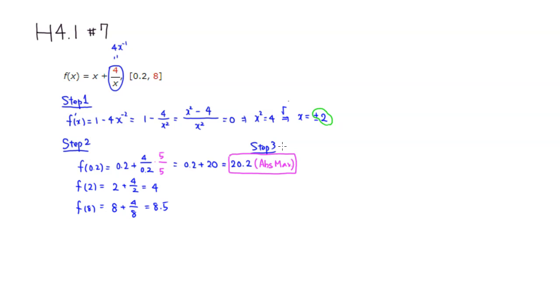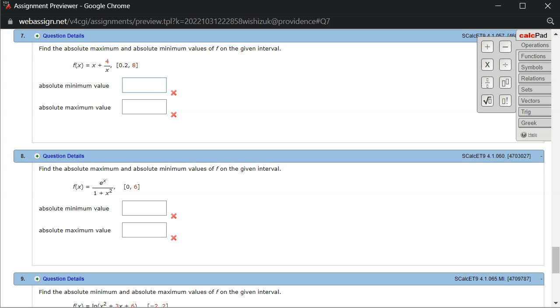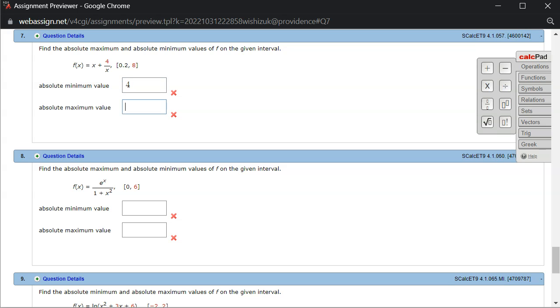And then the smallest value is 4, so this is going to be our absolute minimum. Let's type it in. So absolute minimum is 4 and absolute max is 20.2.